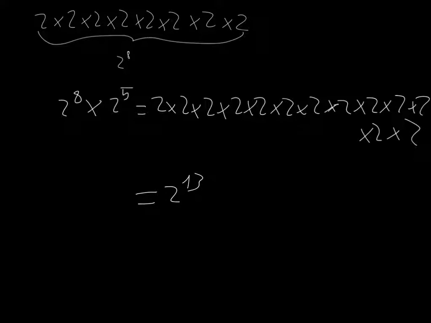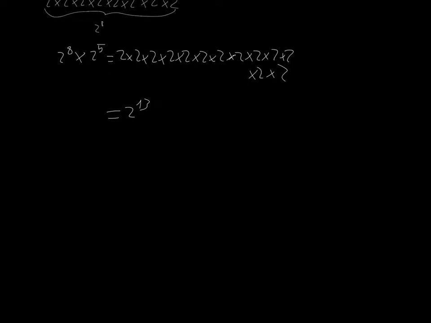Now, one little thing that people tend to get wrong is they see this and they think they can still do it. So they get 2 to the 3 plus 2 to the 2, for example, and they're like, oh, look, exponents. I can just add them up. And they say this is equal to 2 to the 5.